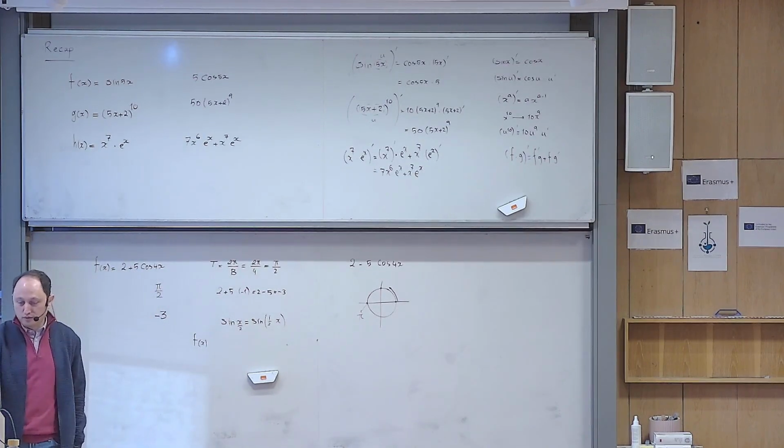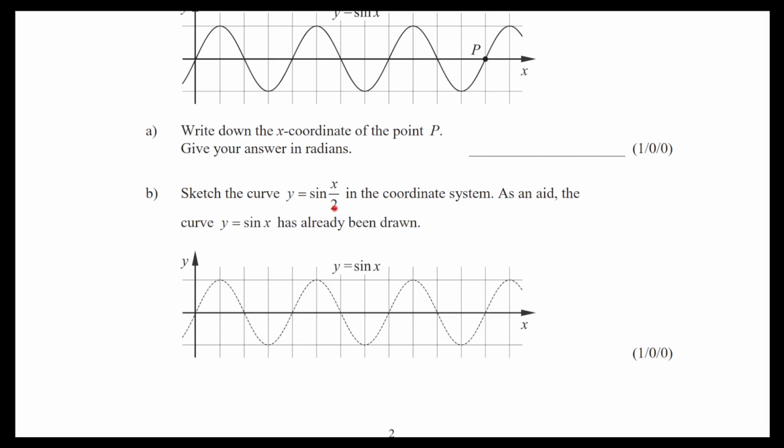So what you have to do, you understand that you have to stretch the graph by a factor of 2. You start from here, but instead of having this maximum here, you double it in size, you will have your maximum here. So this graph will go up to here, and then comes back again.